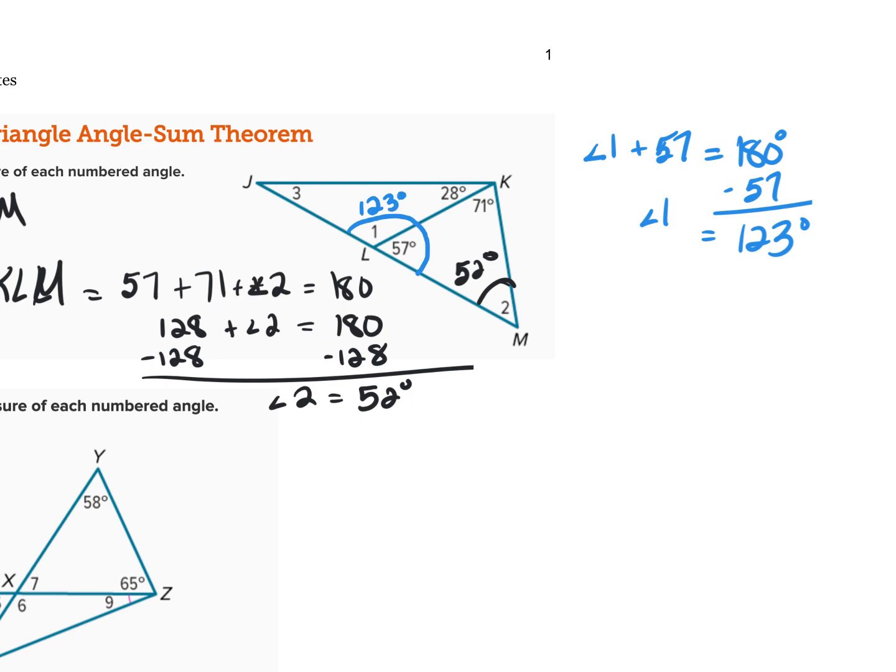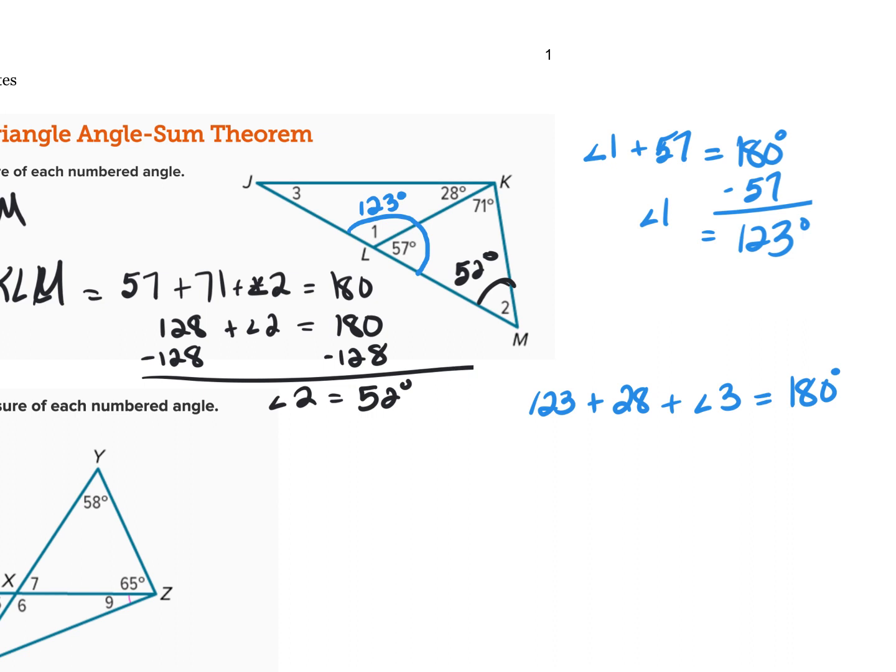And now that I have angle 1, now I can find the measure of angle 3, because 123 degrees plus 28 degrees plus angle 3 as a triangle all add to 180.